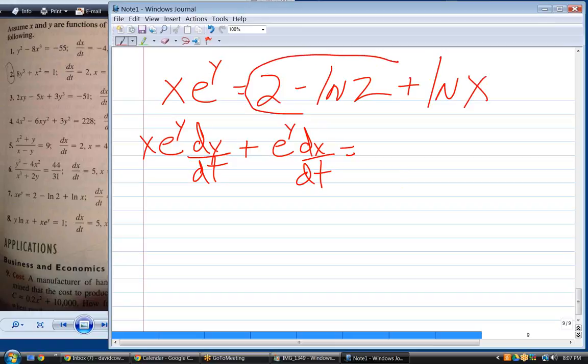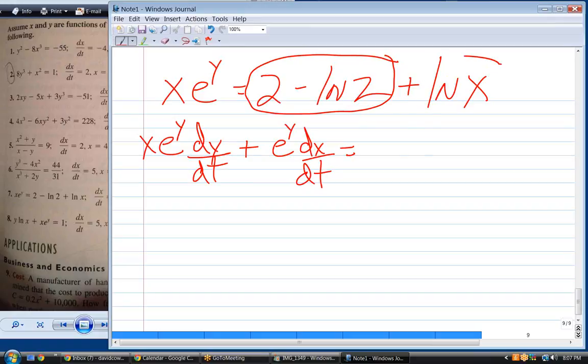So the derivative of both of those is 0, whether you differentiate them individually or subtract this from this and then differentiate. If you have a string of numbers all being added or subtracted, the derivative of that is always going to be 0. The derivative of any number is 0.